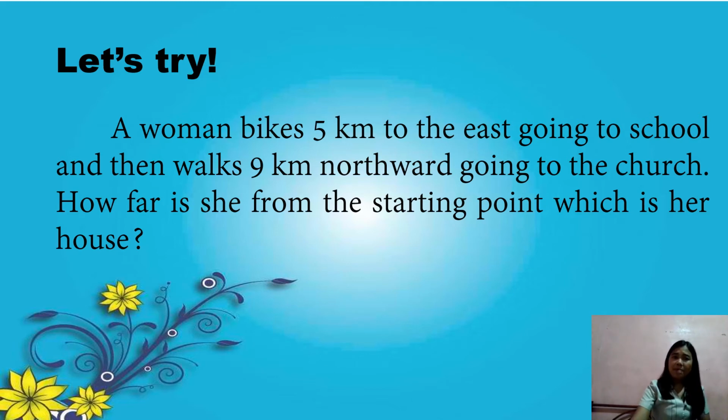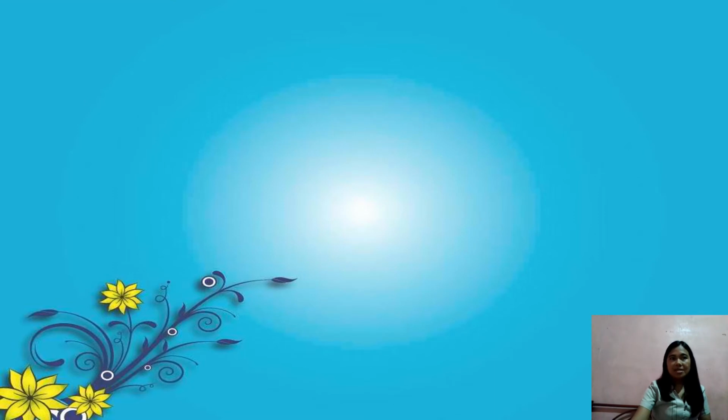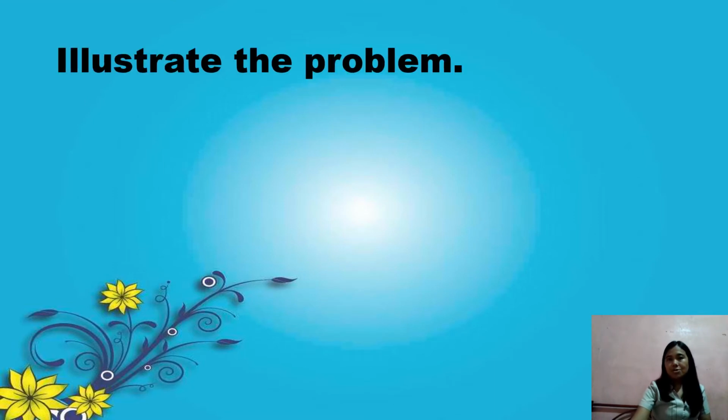A woman bikes 5 kilometers to the east going to school and then walks 9 kilometers northward going to church. How far is she from the starting point, which is her house? By merely reading the problem, it is blurry, or we cannot visualize the problem. In other words, it is suggested to illustrate the problem before solving.